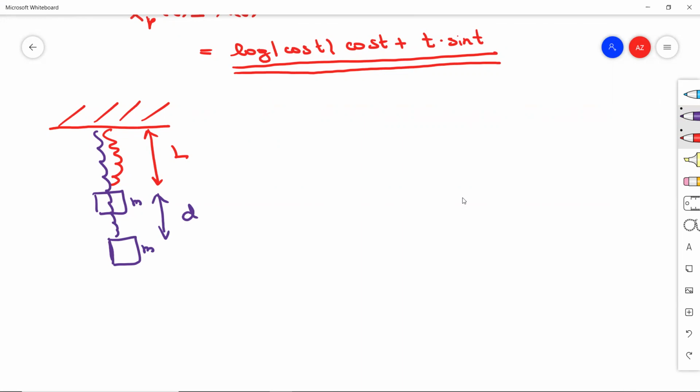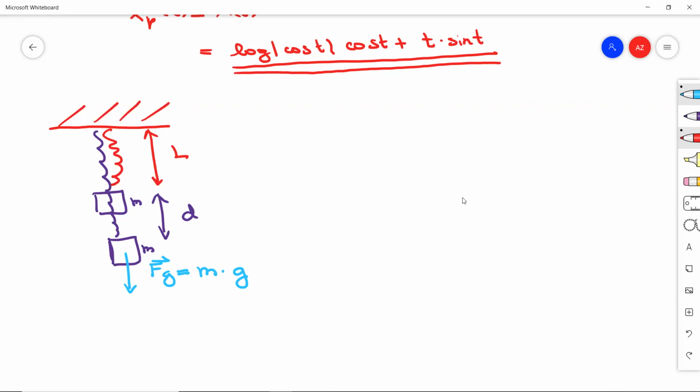What are the forces acting on our mass? Yes, gravity and the force of the spring. Gravity, we all remember from high school, is mass times gravitational constant. And there is also one physical law which describes the force of the spring.